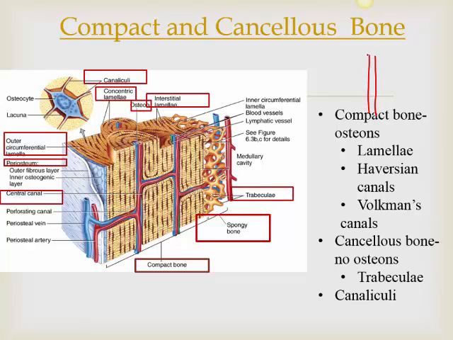That canal is called the central canal, or the Haversian canal, and around it plates of bone are laid like this. So one such set, which consists of one central canal and all these plates which go in a concentric fashion around it, is known as an osteon, or also known as a Haversian system.